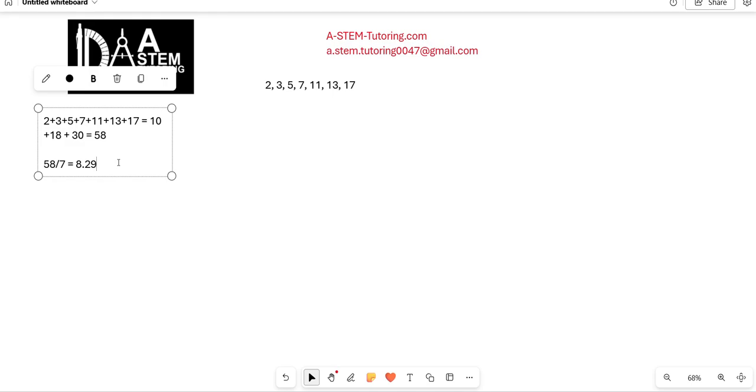To find the variance, which is the square of the standard deviation, first we find the difference between each value and the mean.